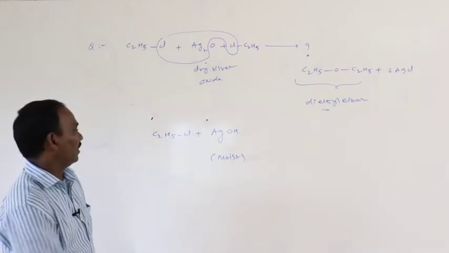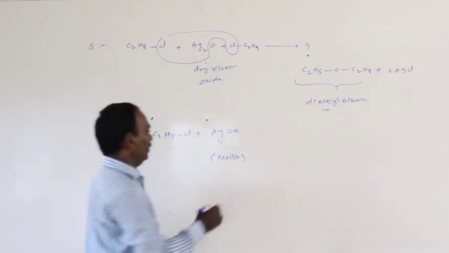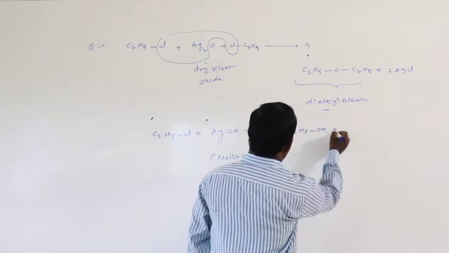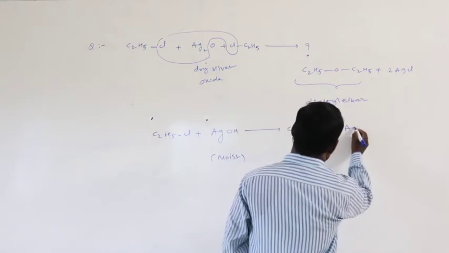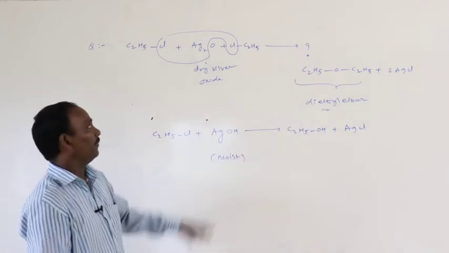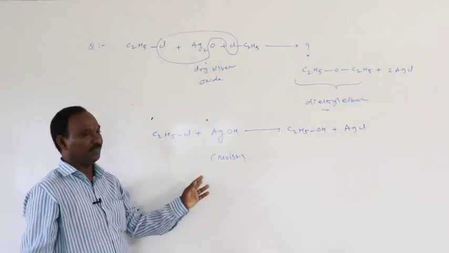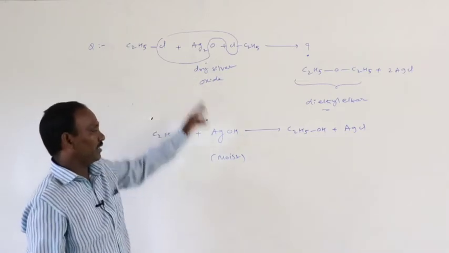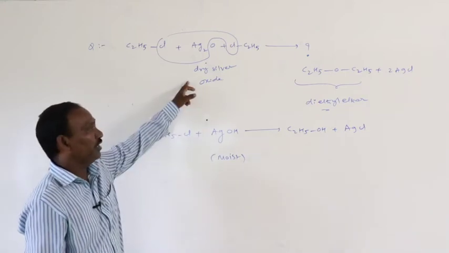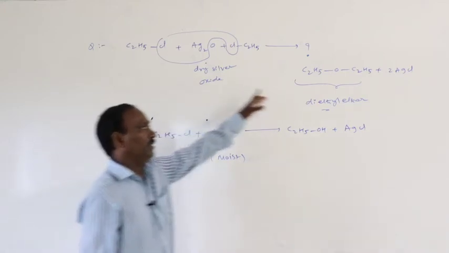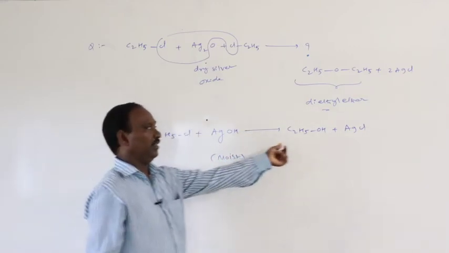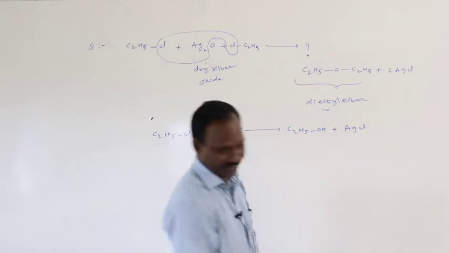If moist silver oxide is used in this reaction, formation of ethyl alcohol C2H5OH plus AgCl, silver chloride. These are the main differences between dry silver oxide and moist silver oxide or silver hydroxide. If we are using dry silver oxide, ether formation takes place. If we are using moist silver oxide, ethyl alcohol formation takes place.